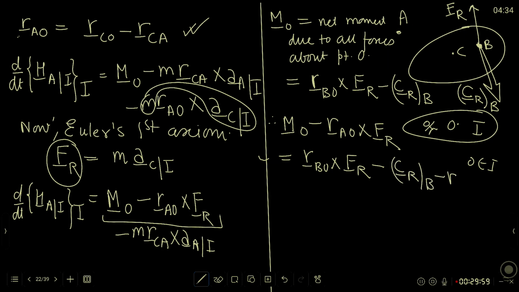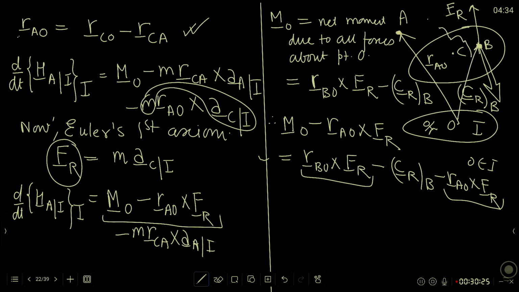Now let's focus on these two terms, RBO minus RAO. A is a point here, this is the position vector RAO. This is point B, this is the position vector RBO. So I have here RBO minus RAO cross FR minus CRB.